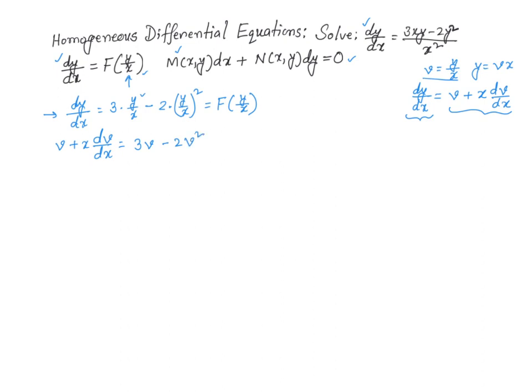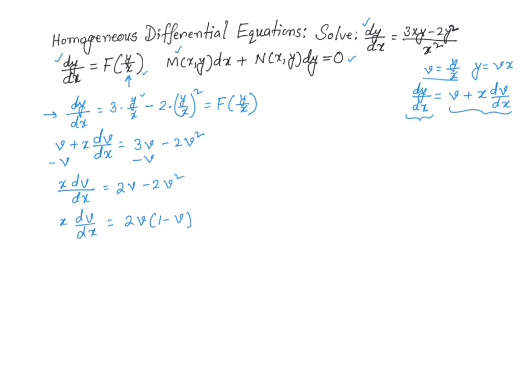If I subtract v from both sides, I will get x dv over dx is equal to 2v minus 2v squared. If I simplify it slightly further, x dv over dx is equal to 2v times (1 minus v).